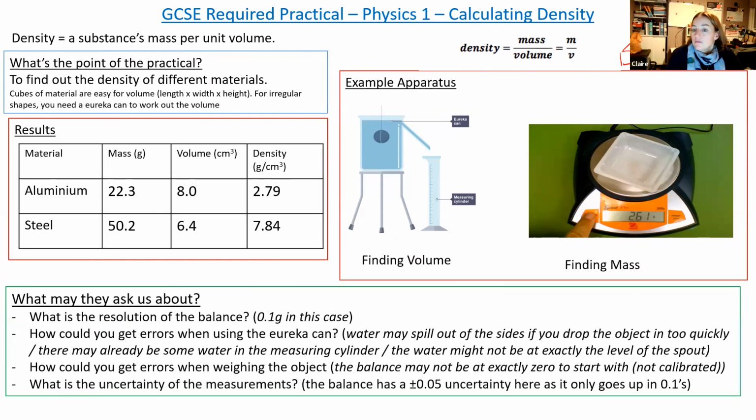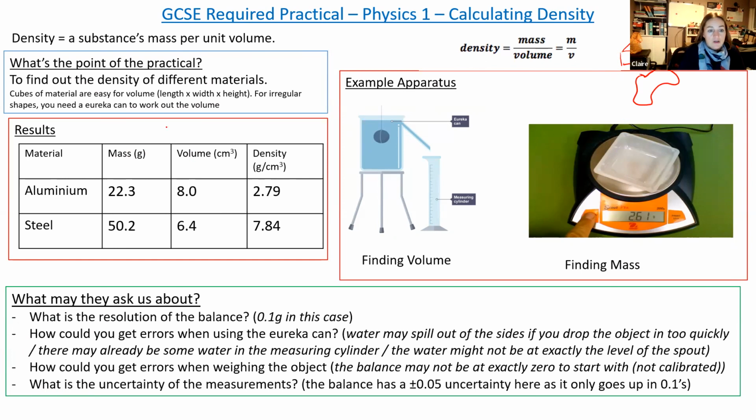So for this, you'll need to work out the volume, that's your height times width times depth. But an irregular object could be something like a shell, a stone, something you can't actually measure. So let's just break this down.